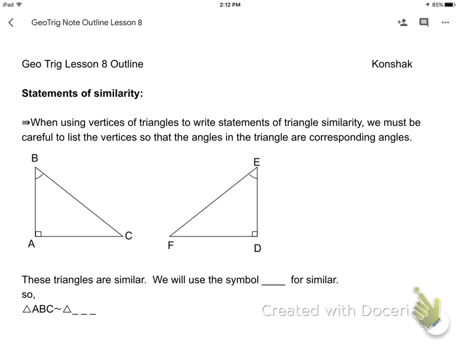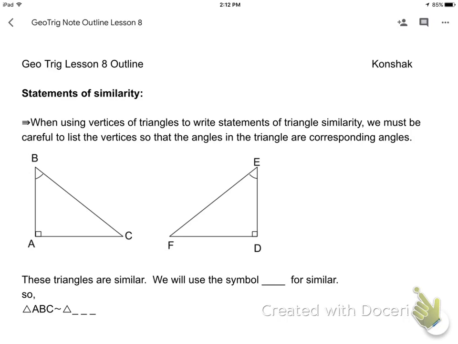So what I said with A, B, C and F, E, D, they may be similar triangles, but I don't know if I can necessarily say that triangle ABC is similar to triangle FED. The triangles themselves, sure, they're going to be similar. We'll talk about that in a second.